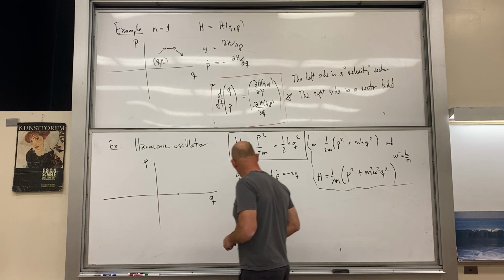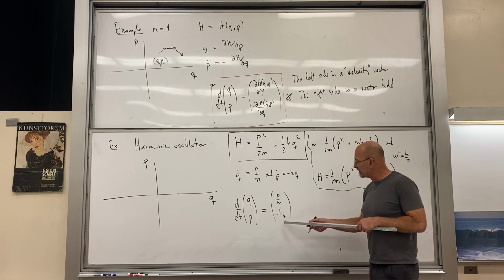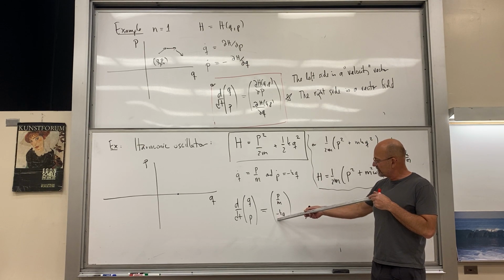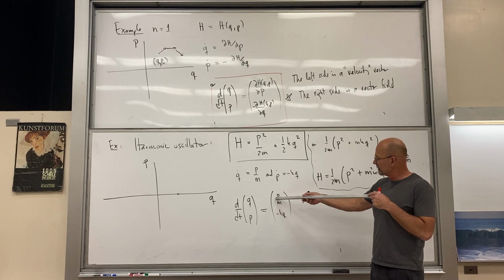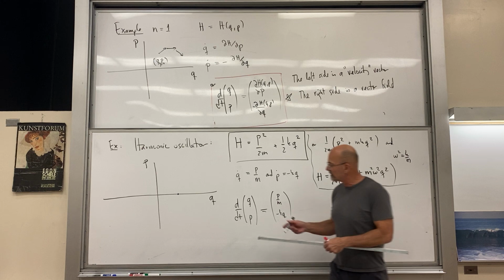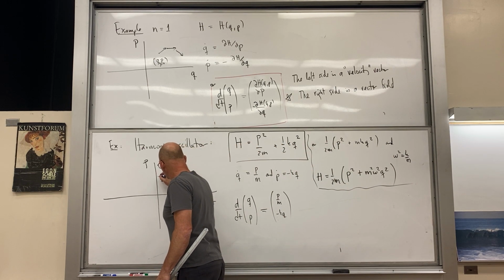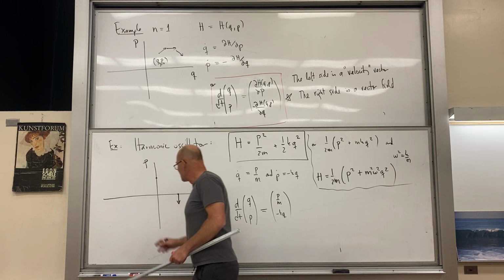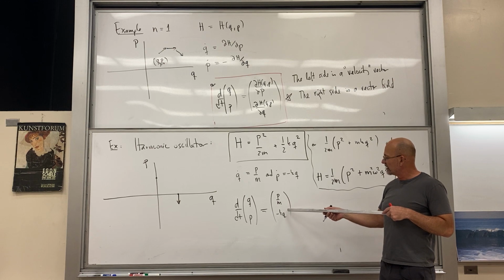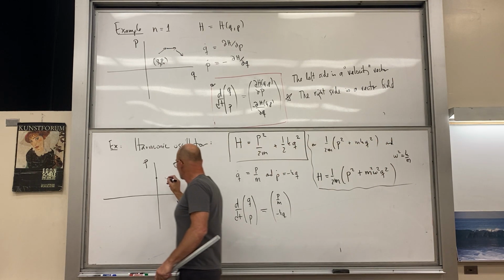So we're out here on the Q axis, and P is equal to 0, and so the second component, minus K times Q, in other words, it's pointing like this. Okay. If we take a point on the P axis, Q is 0, and we just have P over M. So we have one of these.